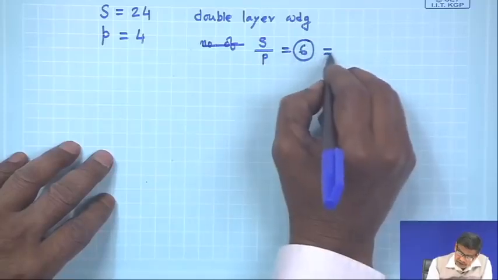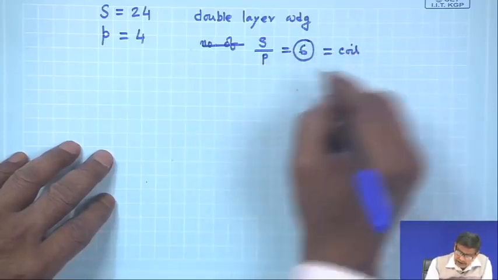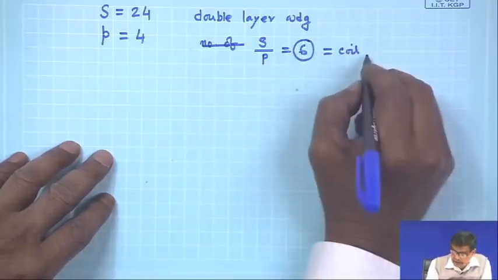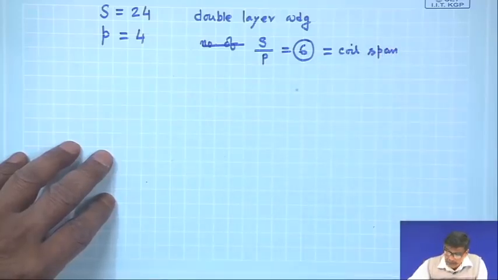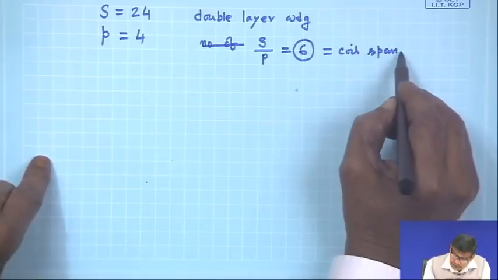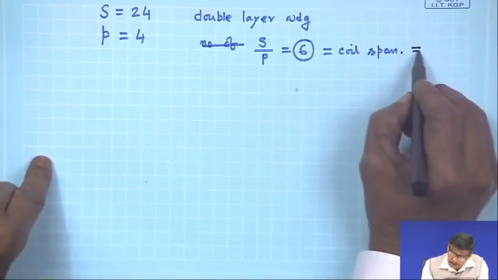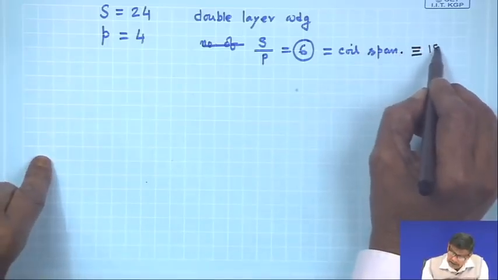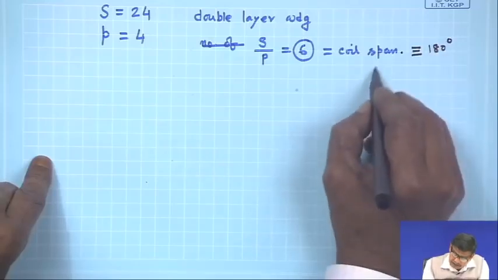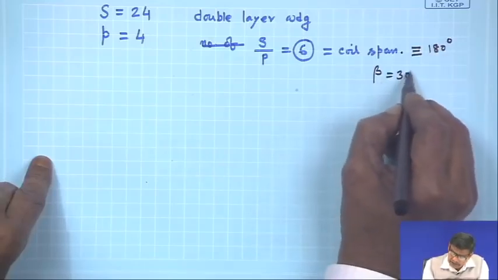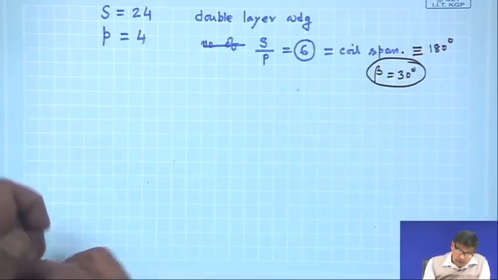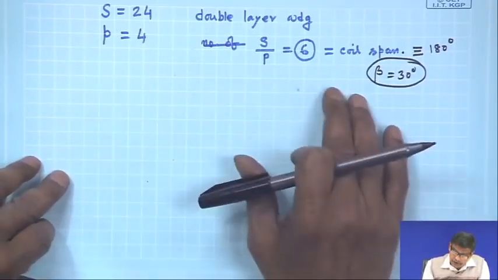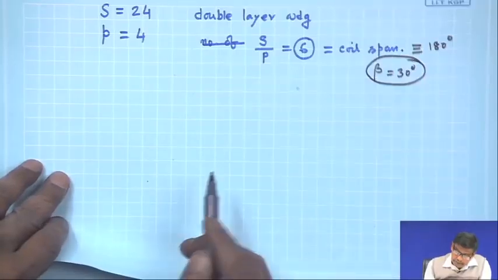This is also equal to the coil span in terms of slot numbers. Is that clear? And that is equivalent to 180 degree electrical. Therefore, in this case also beta is equal to 30 degree. We note it down. So, this is the slots per pole and that is the coil span.